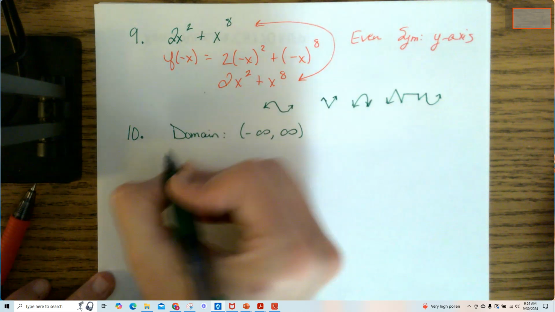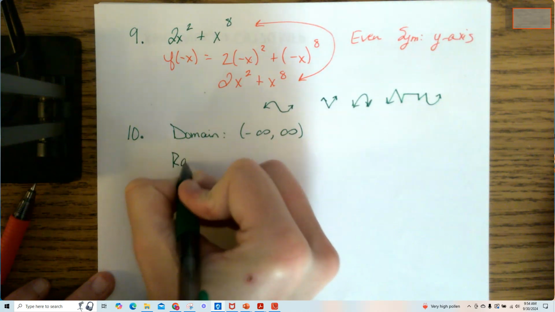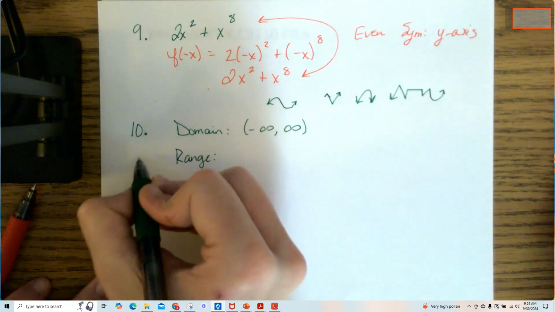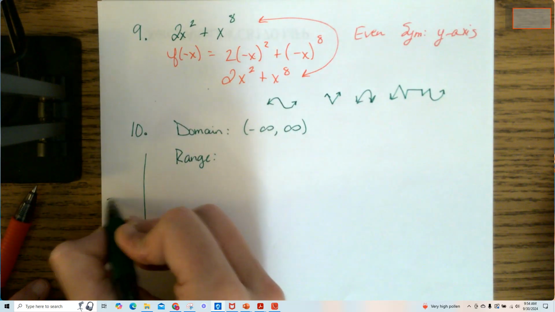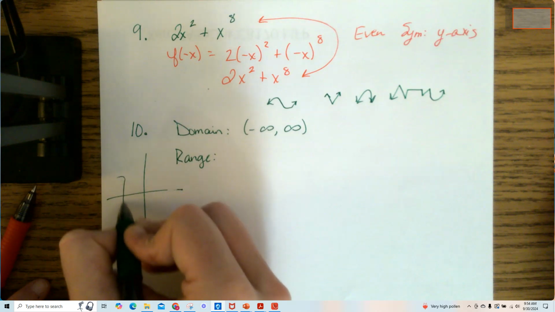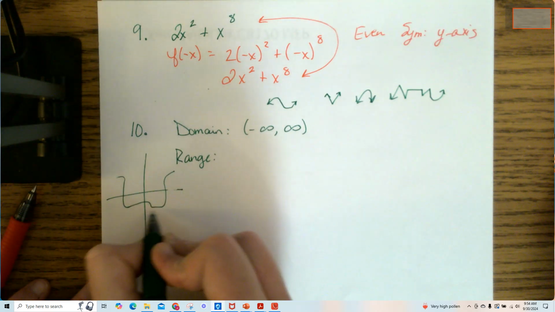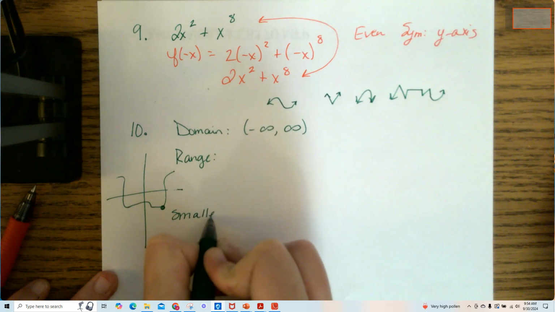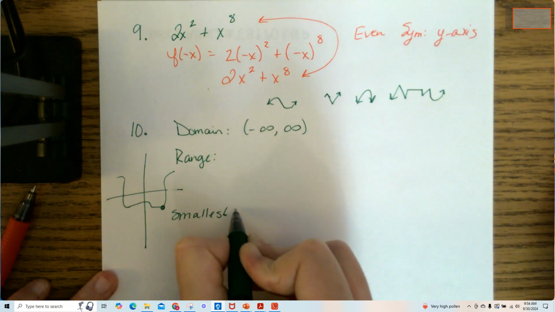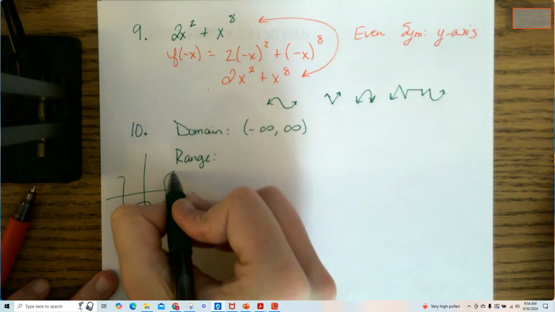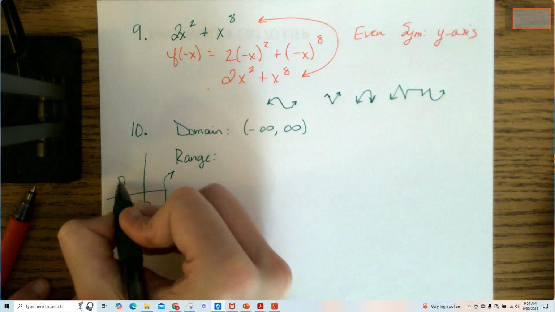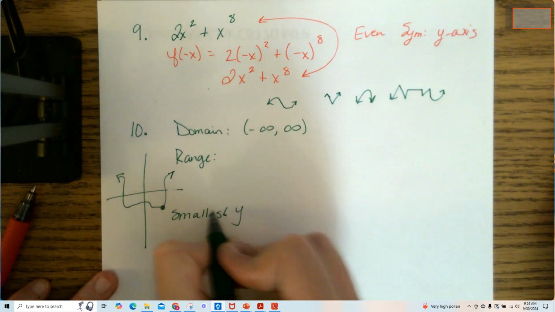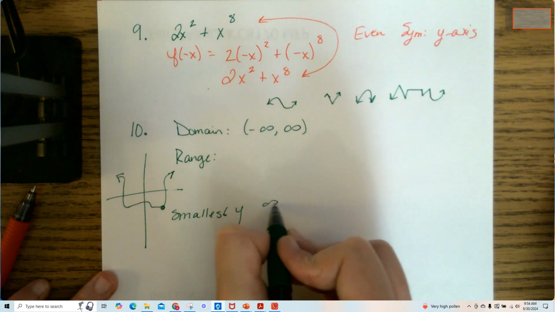Range. Okay, range. Find your smallest y value on your graph. So here's your coordinate plane. Again, no matter what the shape is, whatever your smallest y is. Now, it depends on how it ends. If both ends are going up like this, it's your smallest y to positive infinity.